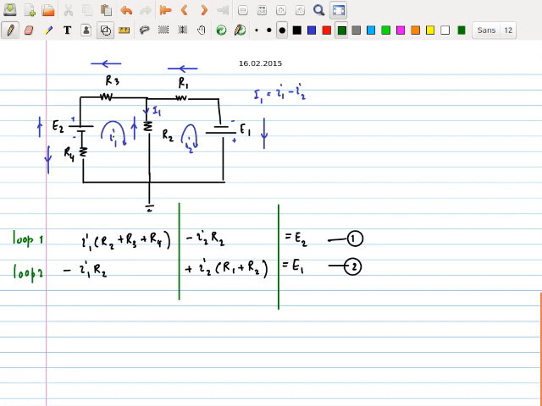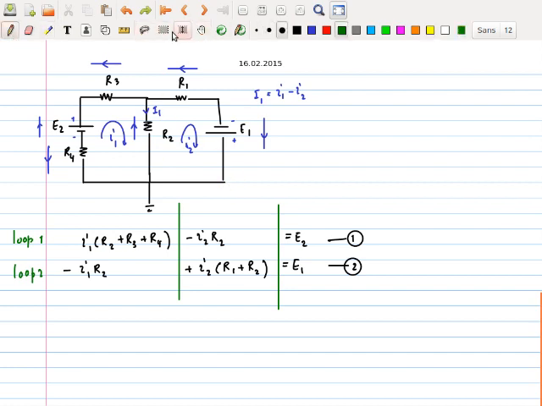The only thing shared with another loop is R2, and inside R2 the current I2 flows opposite to I1. That's the reason why you have a negative sign. So this gives you the contribution from another loop to loop number 1.